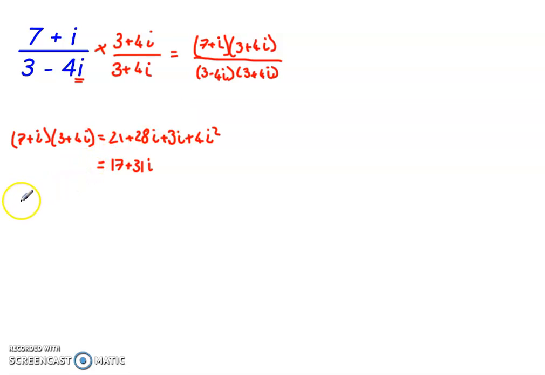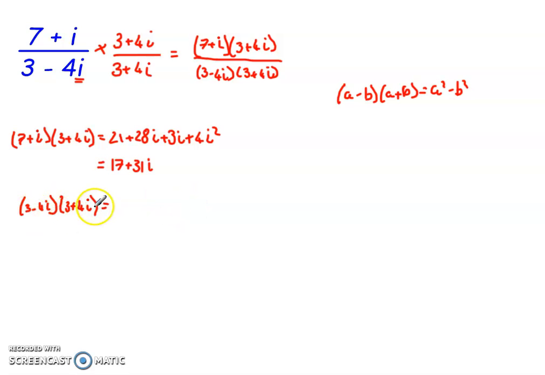If I then look at my denominator, I've got my 3 minus 4i, 3 plus 4i. Now remember, at this stage, if we're not feeling quite as confident, we can multiply it all out and then collect the elements together. If I'm feeling a bit more confident, remember we can use our difference of two squares. So a minus b, a plus b is equal to a squared minus b squared, and identify the a and the b and just substitute them into this format.